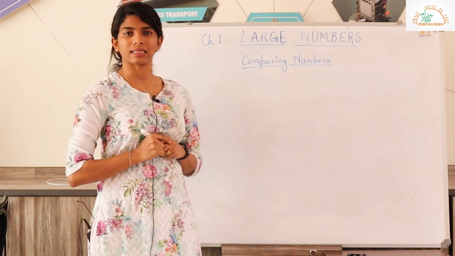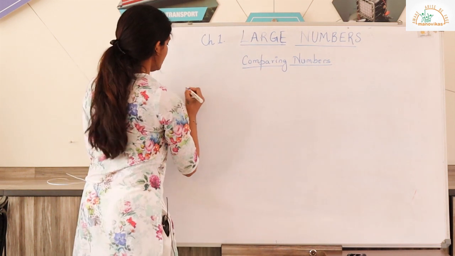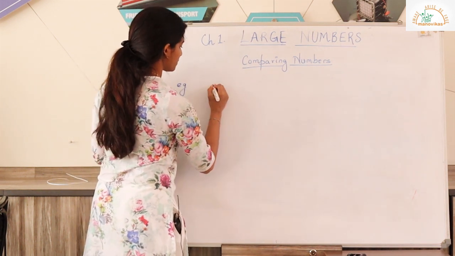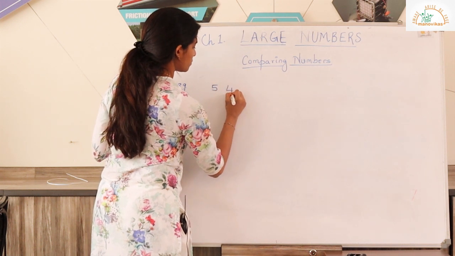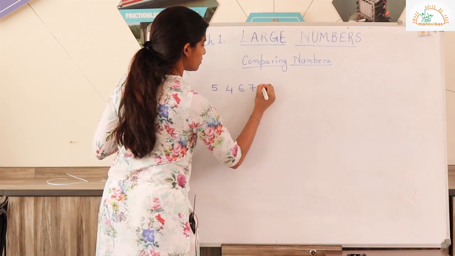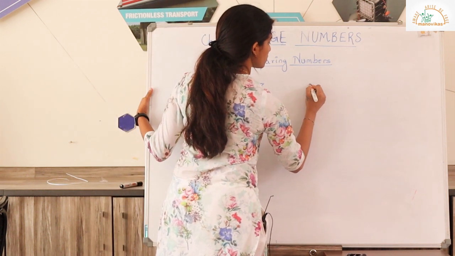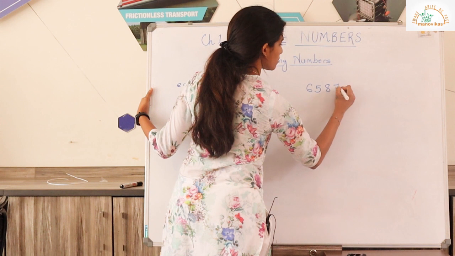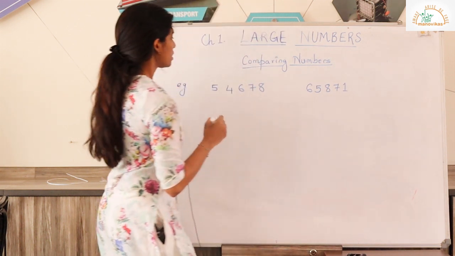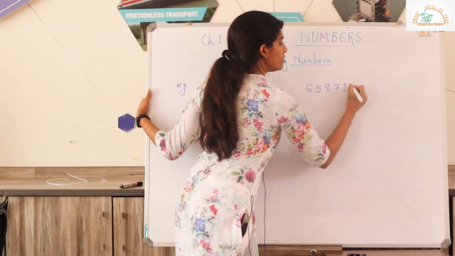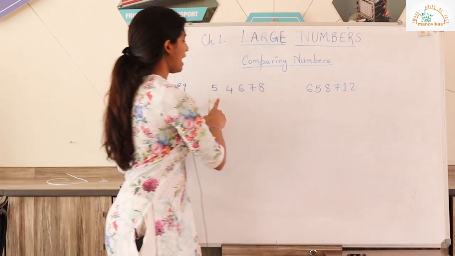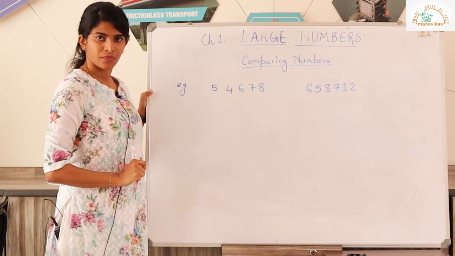Now what do you mean by this? Let's take one example. Now if you see here, we have two numbers. Alright.